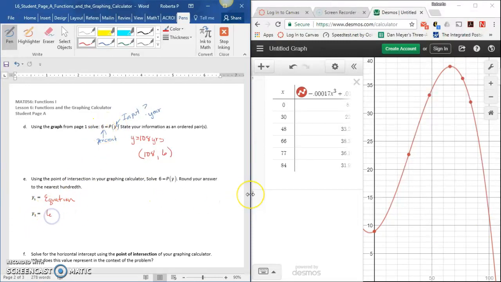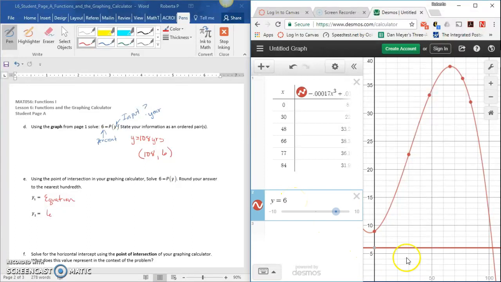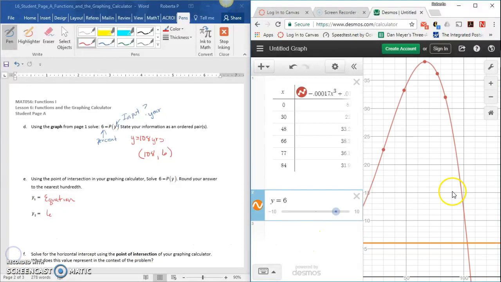So in Desmos, in the second line, just type y equals 6, and notice that it graphs this line. Even though we can see the point of intersection, we're not going to get it very easily.